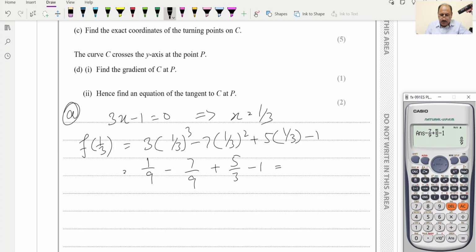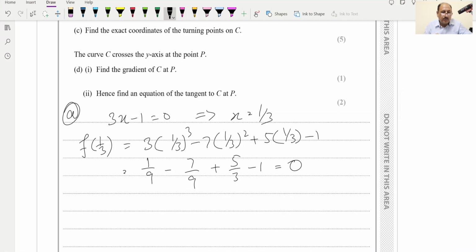Why are we getting 8 by 9? Again we can check 1/9 − 7/9 + 5/3 − 1 = 0. Yes, so this is the proper calculation.